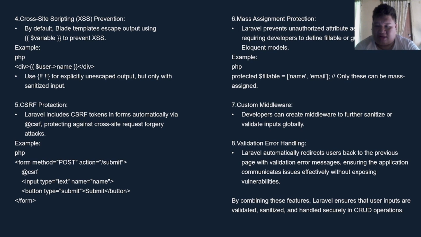Validation error handling: Laravel automatically redirects users back to the previous page with validation error messages, ensuring the application communicates issues effectively without exposing vulnerabilities. By combining these features, Laravel ensures that user inputs are validated, sanitized, and handled securely in CRUD operations.